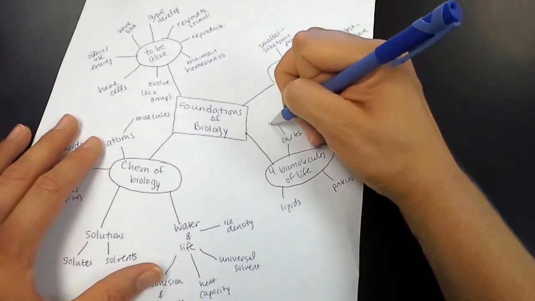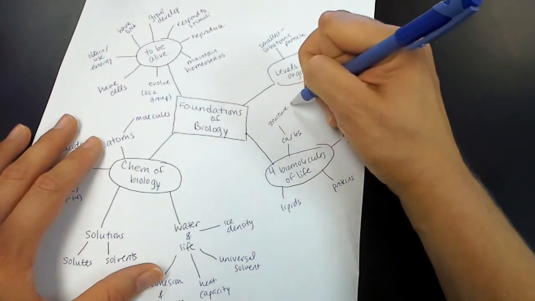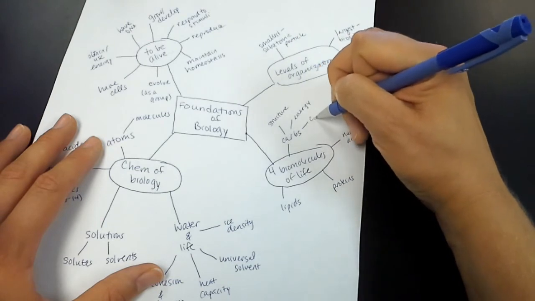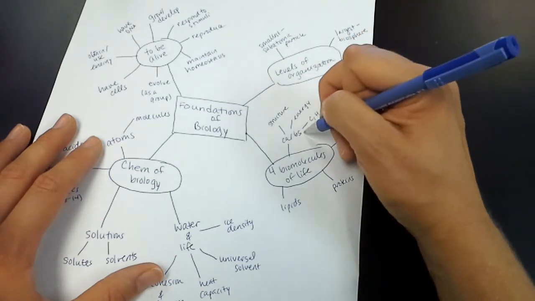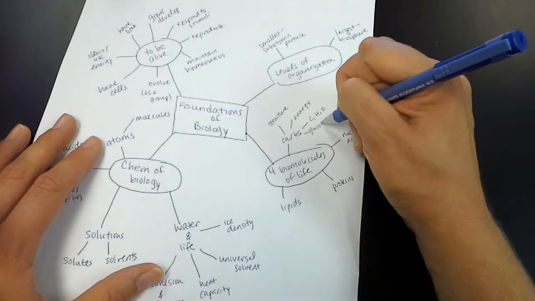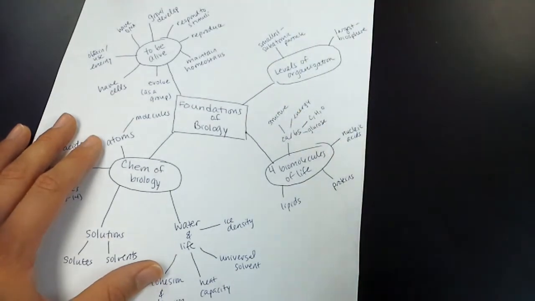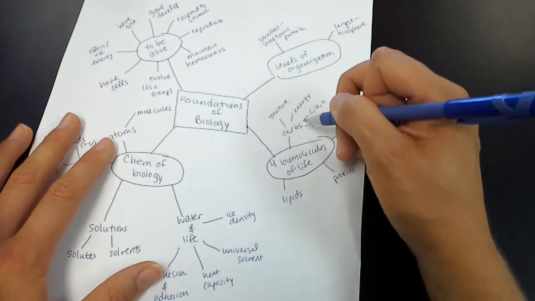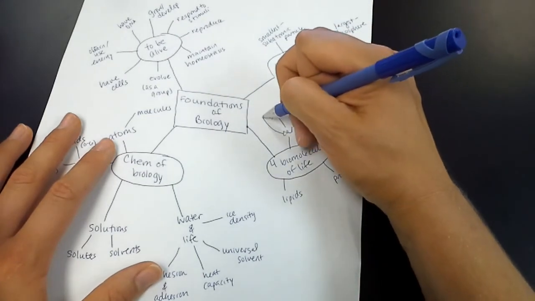Etc. So carbs are for structure, energy. They're made out of carbon, hydrogen, and oxygen. You have glucose. You have monosaccharides, disaccharides, polysaccharides. I'm actually going to add that in because that's pretty important. I'm kind of running out of room here.